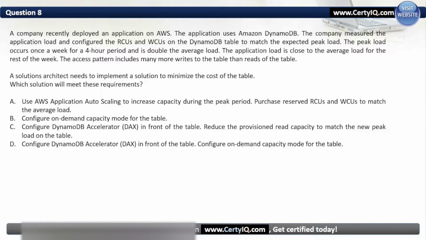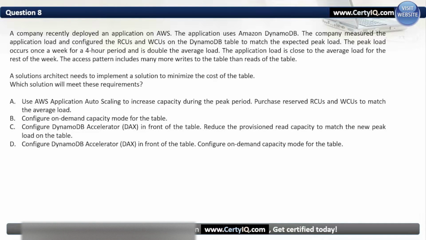Question 8. A company recently deployed an application on AWS. The application uses Amazon DynamoDB. The company measured the application load and configured the RCUs and WCUs on the DynamoDB table to match the expected peak load. The peak load occurs once a week for a 4-hour period and is double the average load.